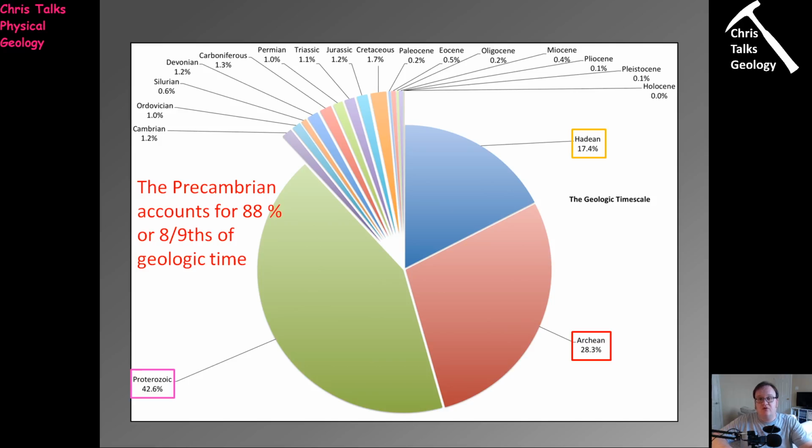However, before 541 million years, most life was soft-bodied. That means when it dies, the soft body decomposes and you do not get a fossil. So, of course, that makes it nigh on impossible to split up any rock unit that's older than 541 million years. And so early geologists said, right, this rock unit doesn't contain any fossils, so therefore we are going to call it the Precambrian.